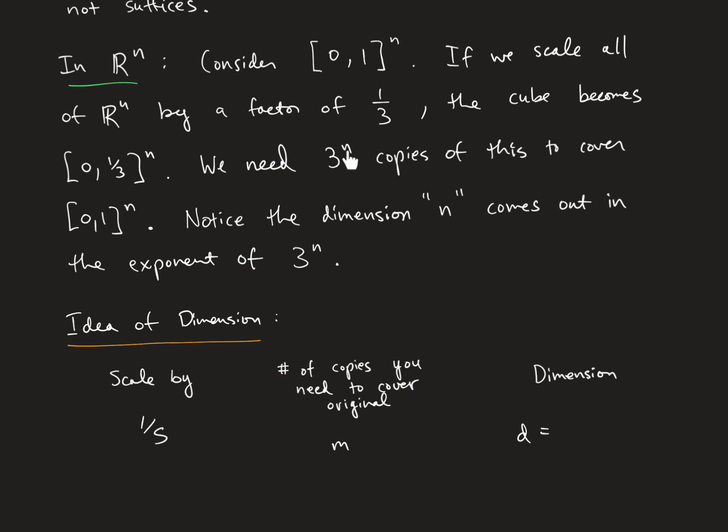example up here, this n, we can get that n by taking the log of the number of copies, or let's just say ln. It doesn't matter the base, but anyway, take the ln, then you get n times ln of 3, and then you want to divide by the ln of 1 over this scaling factor. So what we have here is ln of m over ln of s.